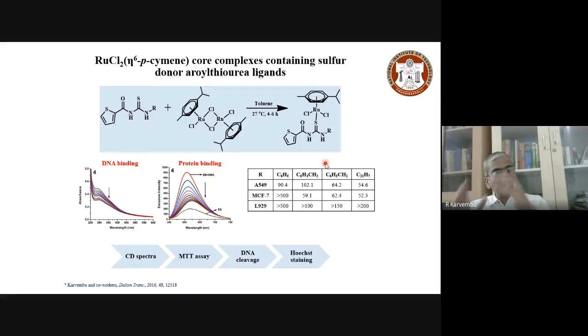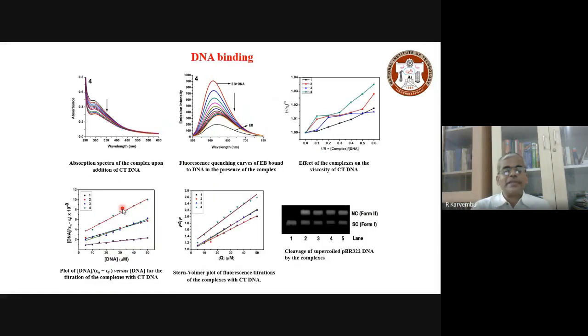Only that inhibits the growth of the cancer cells, right? So we have found by means of different spectroscopic techniques, you can see here, by means of UV-visible absorption, by means of fluorescence, by means of viscometry measurements, that the complexes interact with the DNA molecules, right?